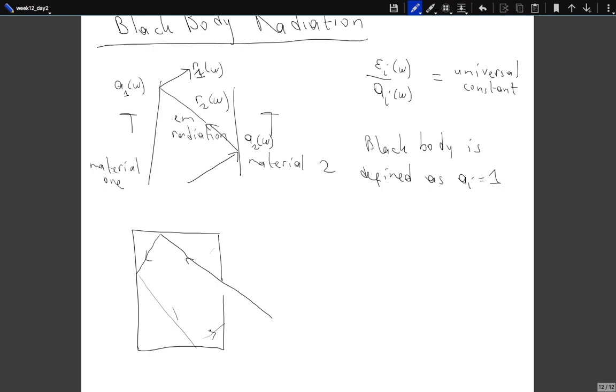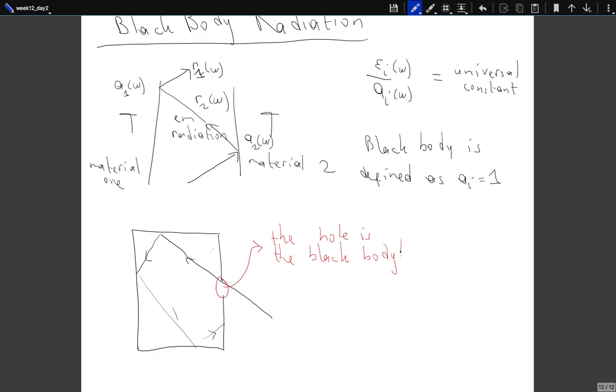So here the black body is this part over here. It is the hole that is the black body, not the inside of the container, or not the radiation inside, not the walls.